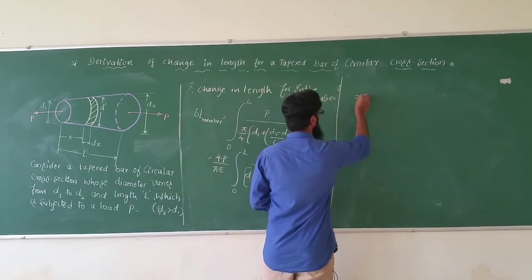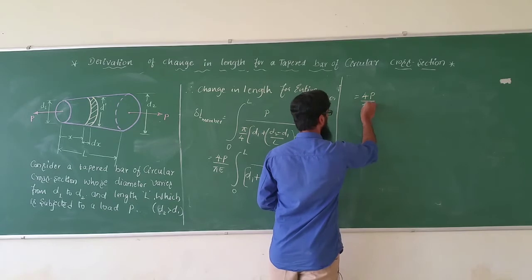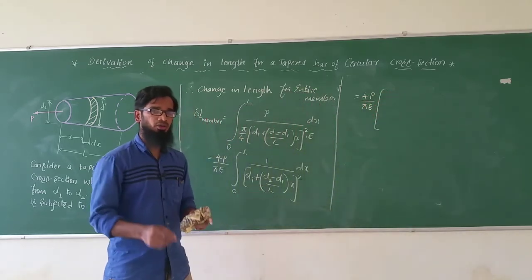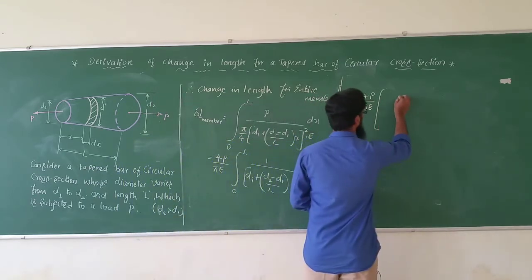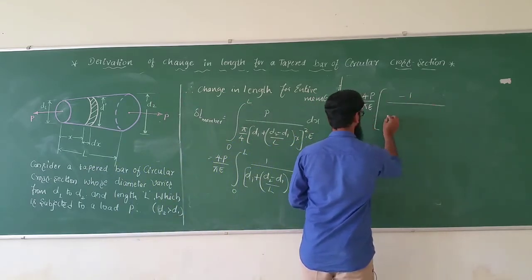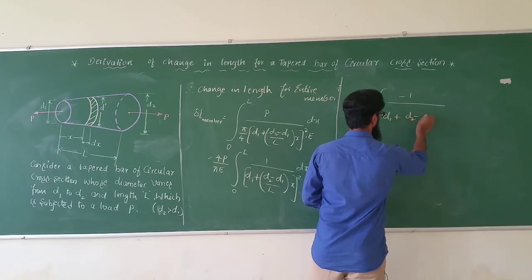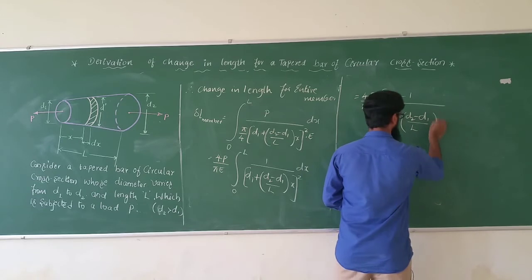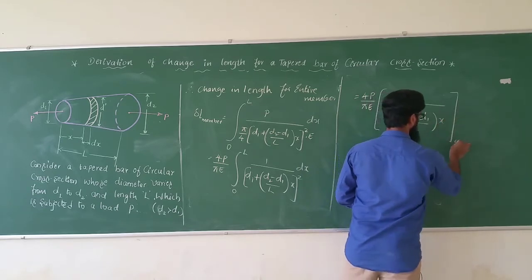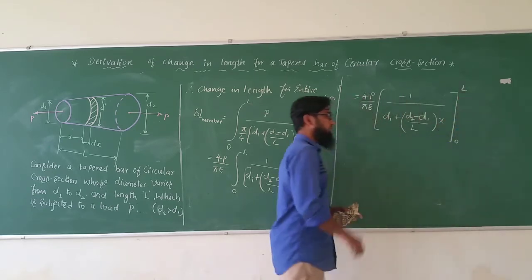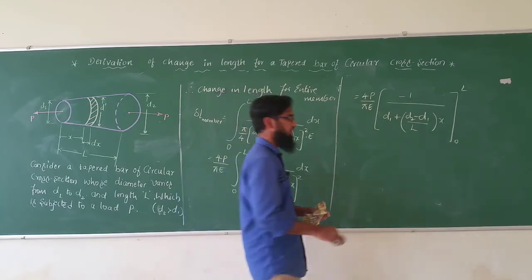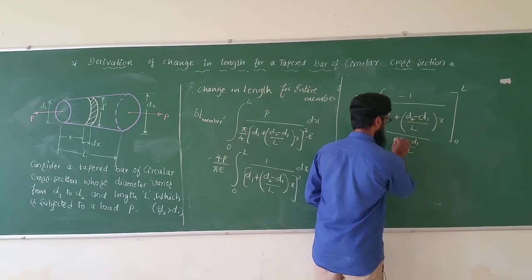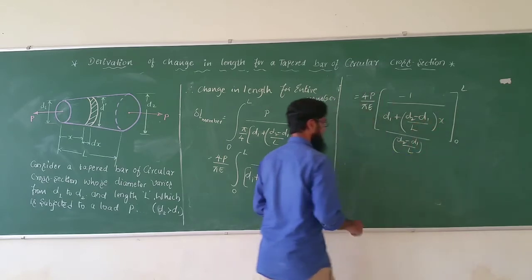So it is 4P by pi E. When you integrate this, I am going to get a minus, then 1 over d1 plus (d2 minus d1) by L into x. The limit is 0 to L, but again I need to divide by the constant of the variable, so I divide by d2 minus d1 by L, which is the constant of this variable.